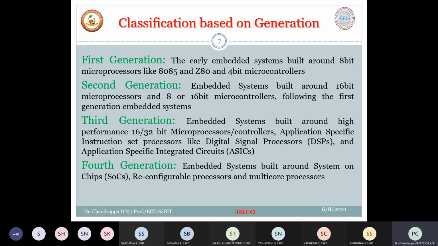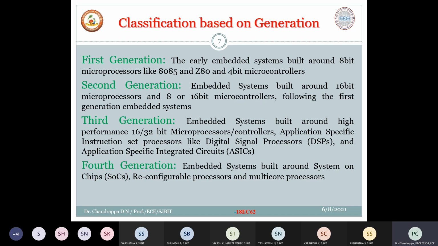During the 1980s and 1990s, these two microprocessors were very popular in the market. One is the Intel processor, the 8085 microprocessor, which is 8-bit. Another is the Zilog processor, the Z80, also an 8-bit microprocessor.